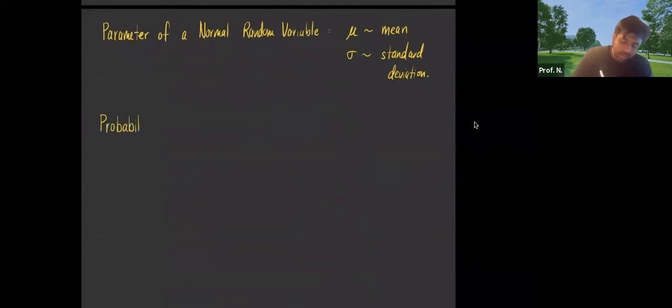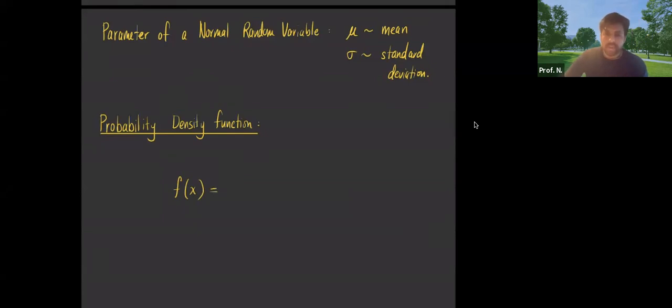This is when it gets a little more mathy, and this is probably the most complex probability density function we have seen thus far, because very interesting constants appear. So the probability density function has this form.